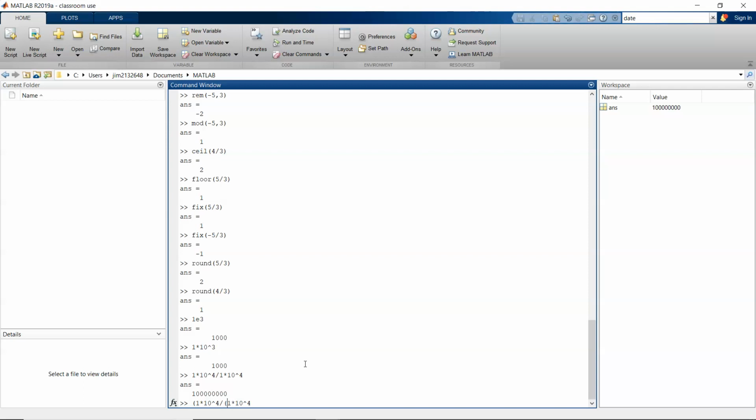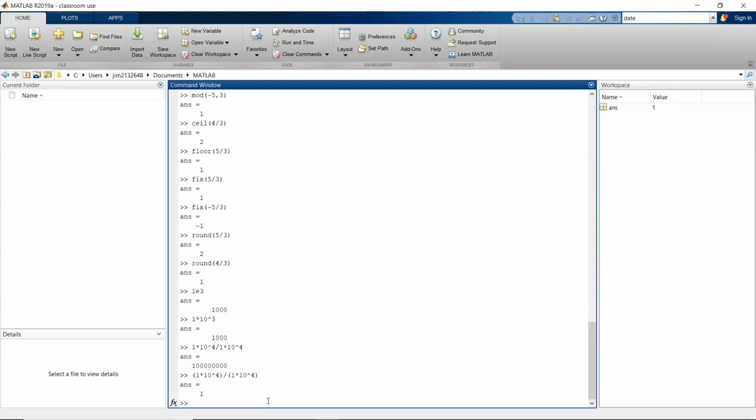And I hit the wrong key. I hit the arrow keys instead of the shift key. There we go. So E does this also. It's like putting parentheses around your exponential number, number times a power of 10.